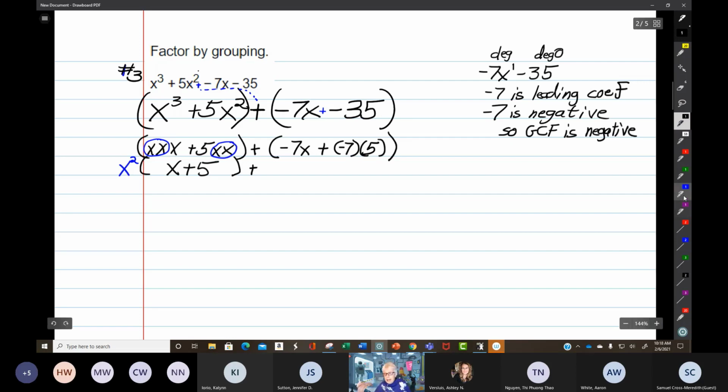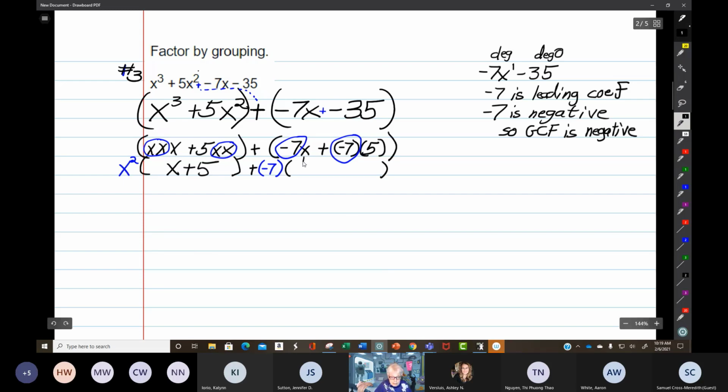Now I have -7 in both terms as a GCF. So I'm going to write it in front, and then write my parentheses, and write the leftovers.